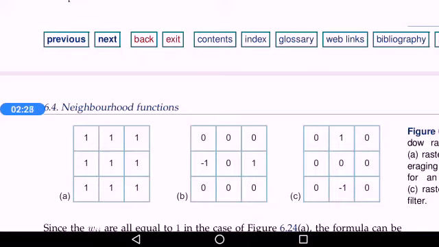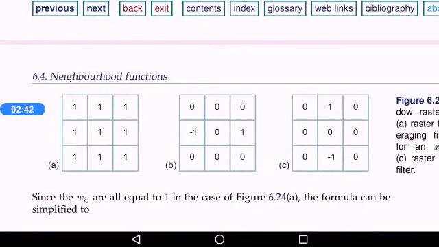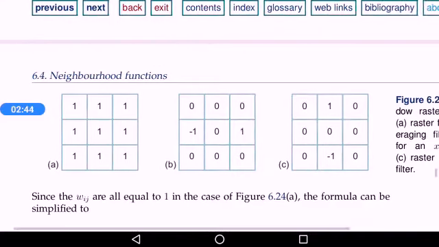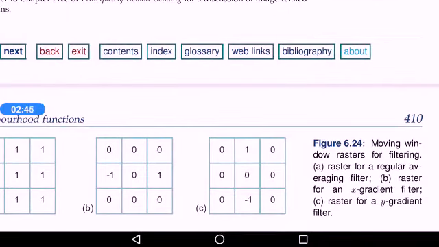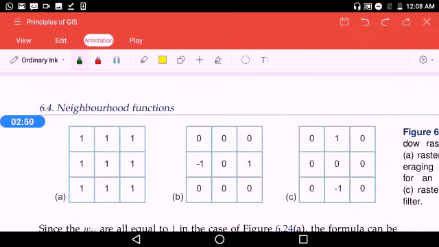So you can see in this figure B, this figure is showing the X gradient filter, whereas figure C is showing the Y gradient filter. The X gradient filter shows the slope increase ratio from west to east.